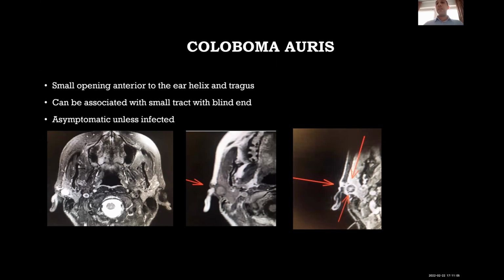Here it is a cyst, but with time it is susceptible to infection, and here there is some edema and some enhancement. Here it is high signal because of this coloboma oris, which presents as a small opening anterior to the ear helix and tragus.